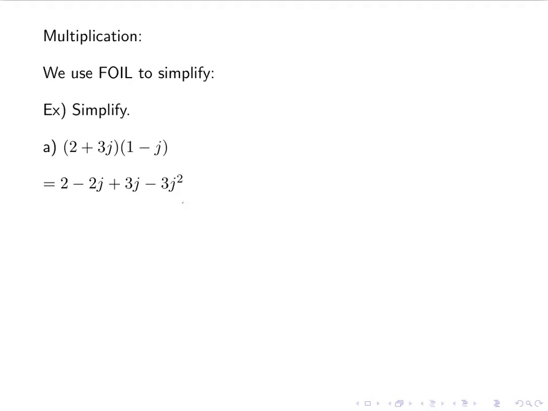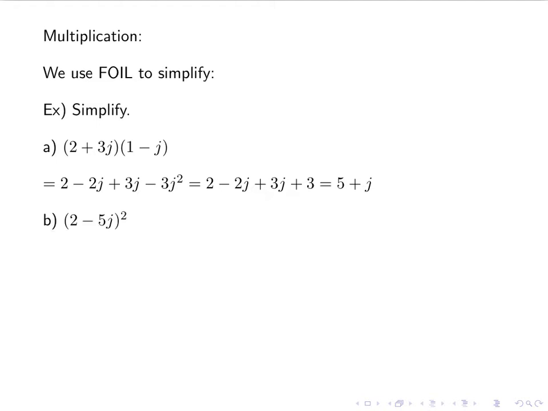We have to remember that j squared is negative 1. So we'll simplify that, and this term becomes plus 3. And then we will combine, again, our real parts, which is the 2 and the 3, and our imaginary parts, the negative 2j plus 3j. And we end up with 5 plus j.